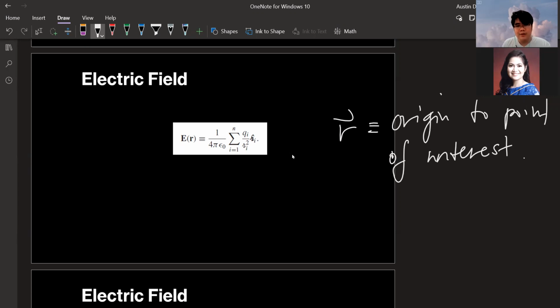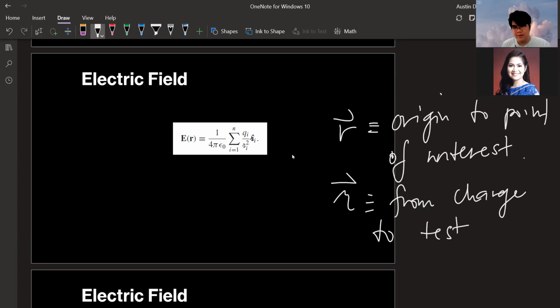And then yung sulat lang din natin, R vector, oops, sorry, R vector will be from source charge to test charge. Okay? So from the source charge to the test charge, yung separation vector.